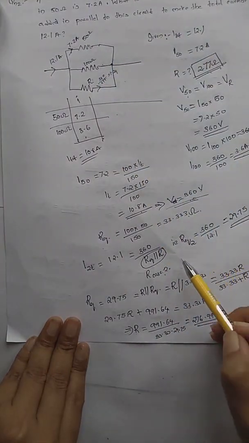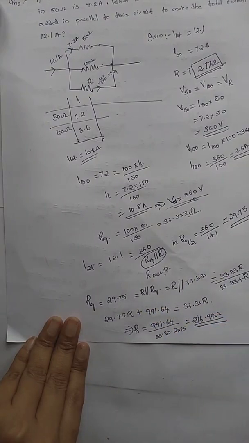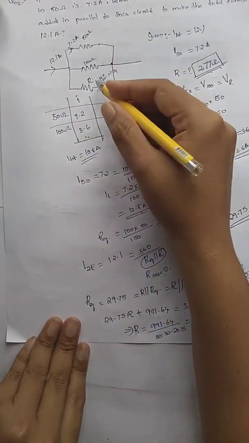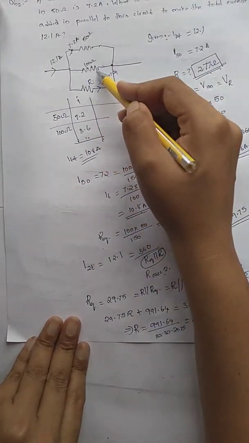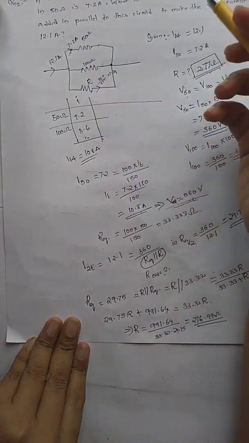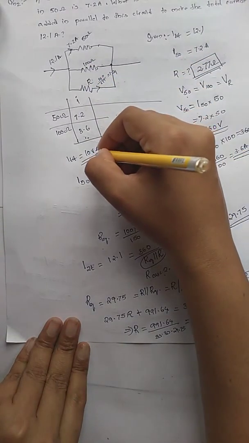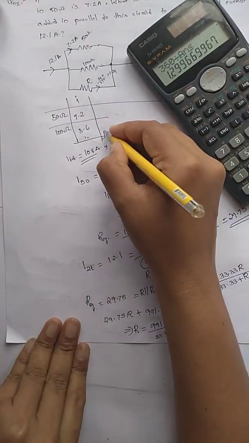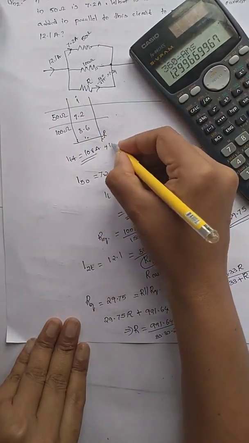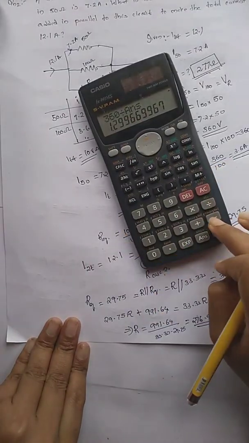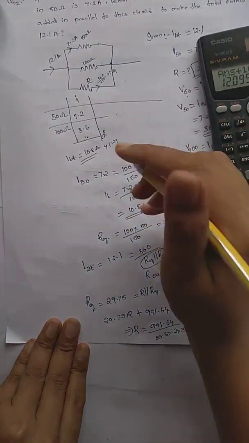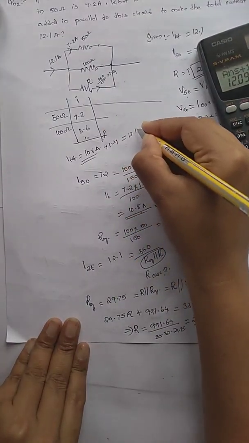So the total current before was 7.2 and 3.6, that is 10.8, plus this new resistance current 1.29. So I will get 12.09, which is equal to 12.1 ampere.